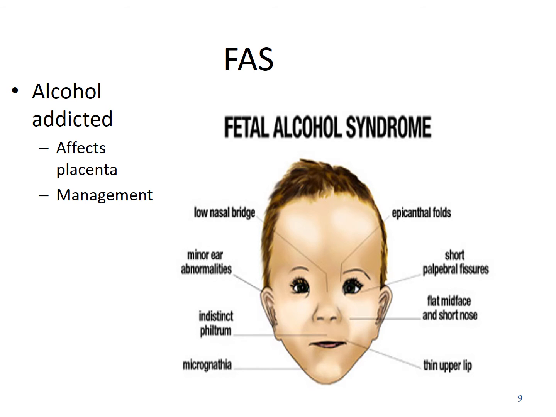We may see some cognitive impairment with distinct facial features. We may see abnormal palmar creases. We may see RDS, congenital heart conditions, irritability and hypersensitivity, tremors, poor feeders, and seizure activity.